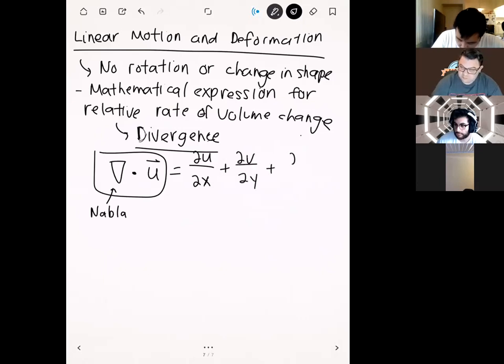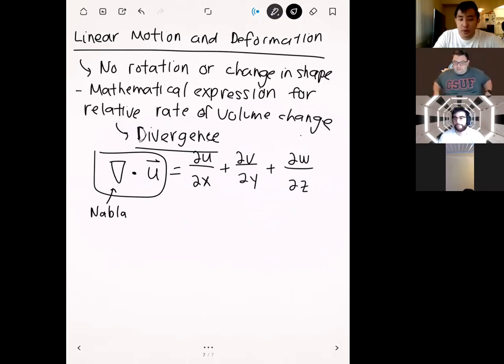And so if you write out the whole thing, we get the following. So it's simply just a sum of the partial derivatives of each of the different expressions. So remember, our u vector here has x, y, z components, and so we're going to take the x derivative of the x component of velocity, so du dx, and then we take the y derivative of the y component of velocity.